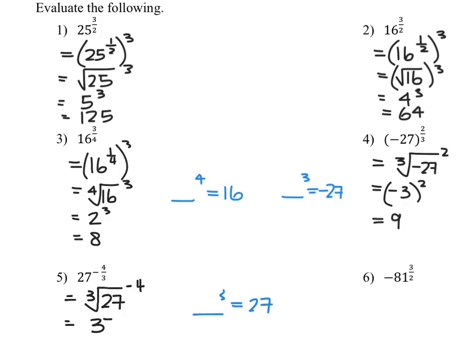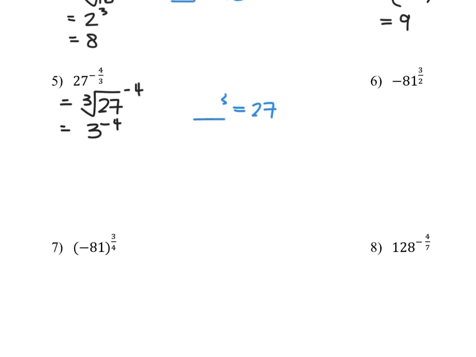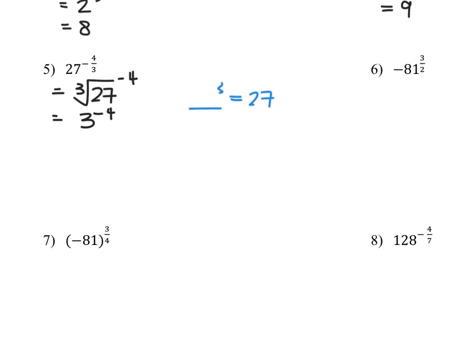So 3 to the exponent of negative 4 is what we're trying to find. That means that we are now going to have to apply our negative exponent law from yesterday. Whenever you have a negative exponent, you have to flip your base. So instead of 3, this is going to become 1 over 3.